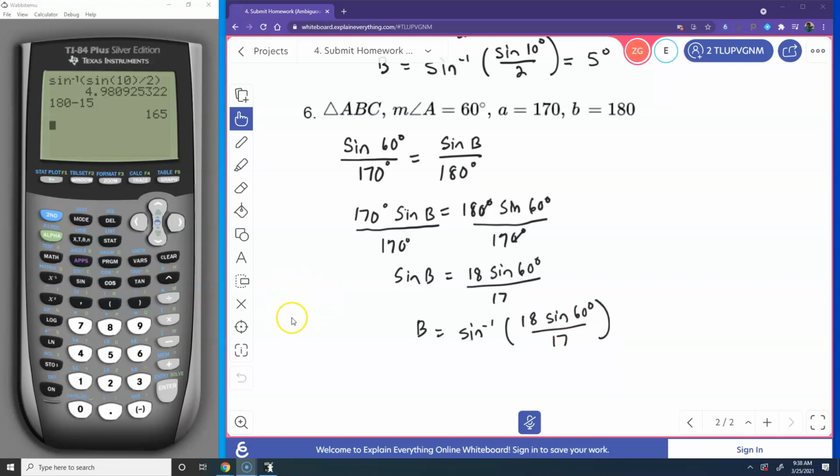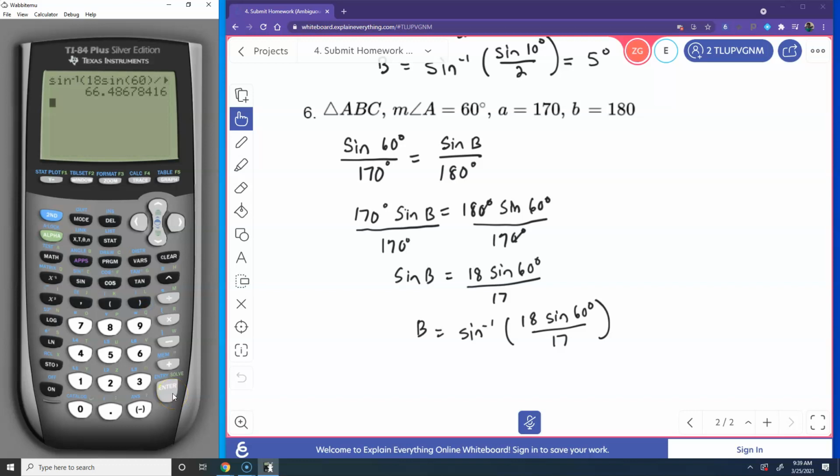So I'm going to go to the calculator. Once again, I'm going to clear this. Go to second sine, which gives me the inverse sine. And then you can just type it in, 18 sine of 60 degrees. And then, of course, you're dividing by 17. Close your parentheses. Yeah, that's it.